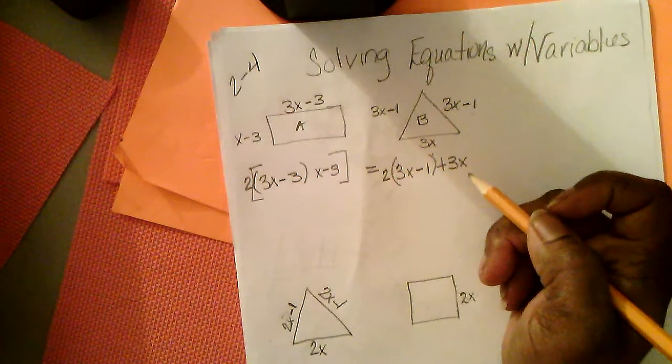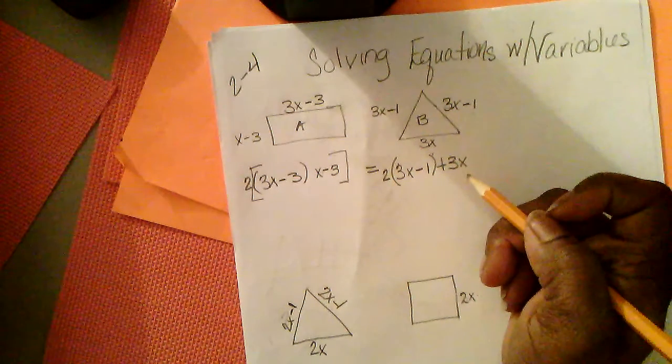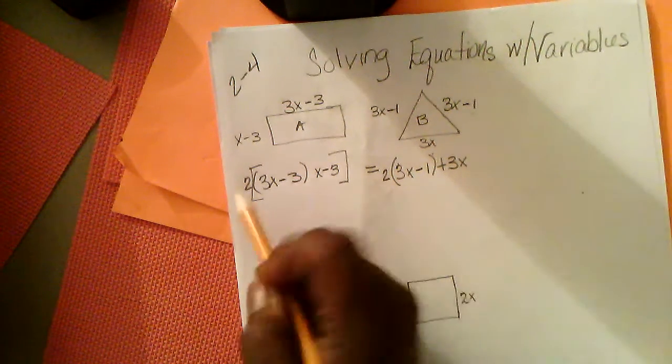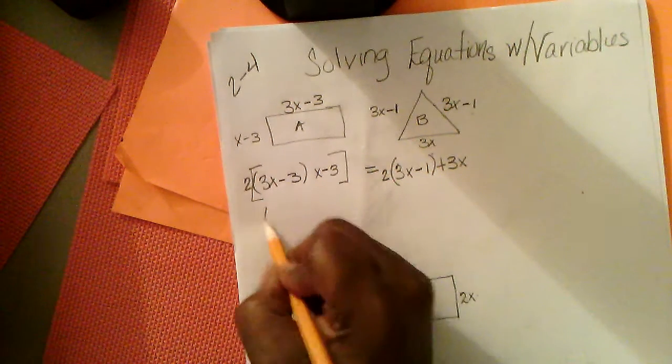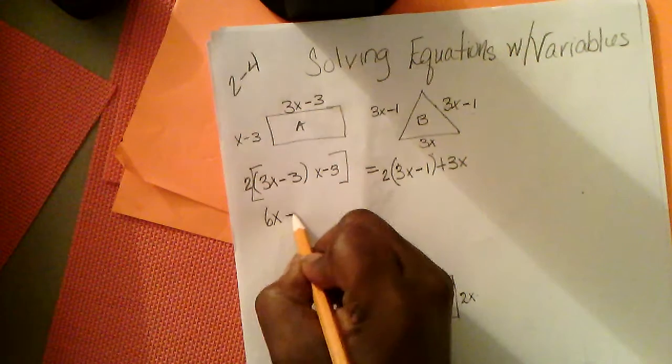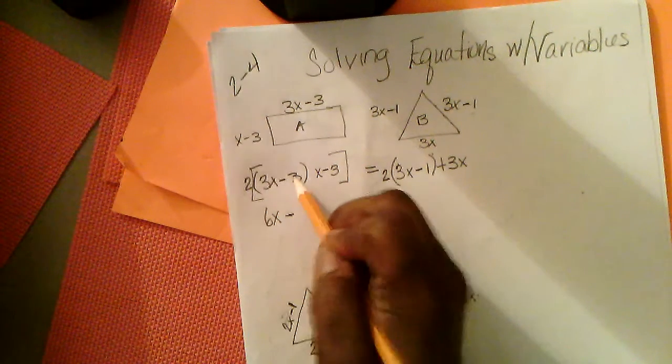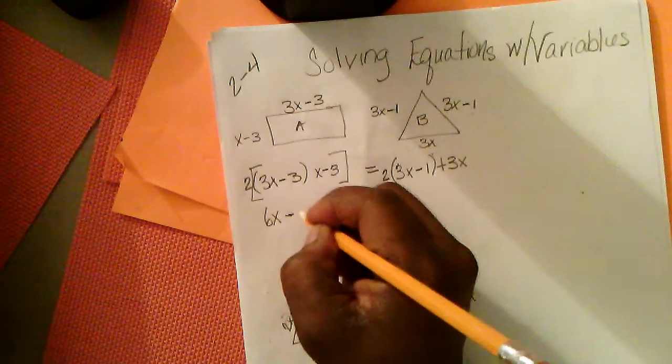All right. So instead of writing all of those numbers, as we go through and we solve this, we have 2 times 3, which gives us 6x. And then we have 2 times 3, which gives us 6.